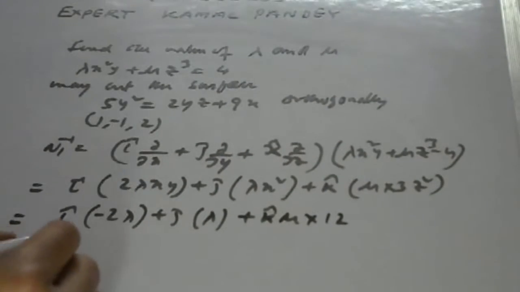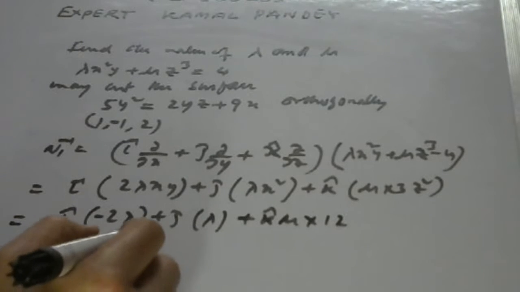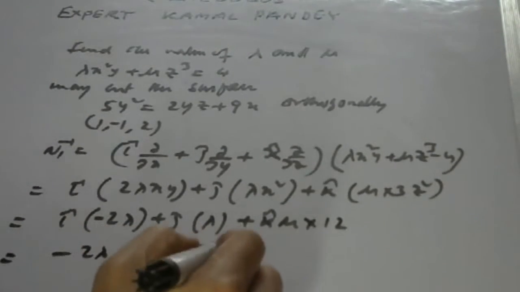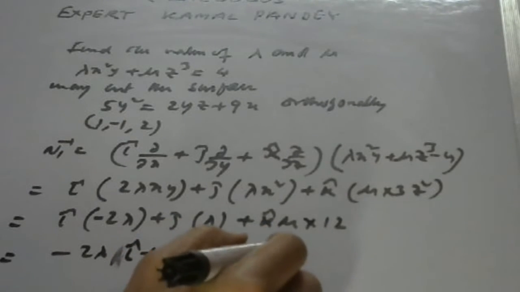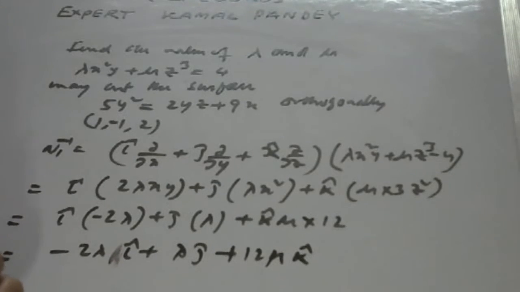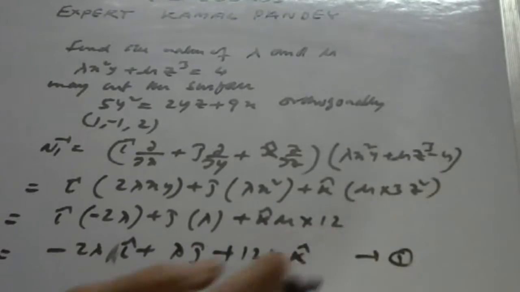Now minus 2 lambda i cap plus lambda j cap plus 12 mu k cap. This value is the n1 vector and we mark it equation number 1.